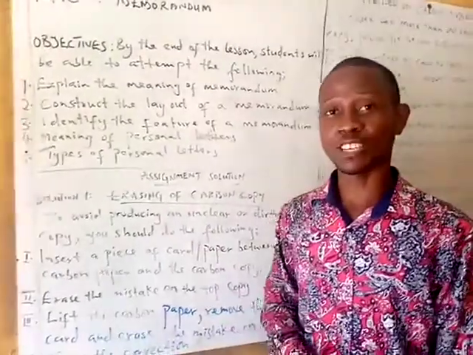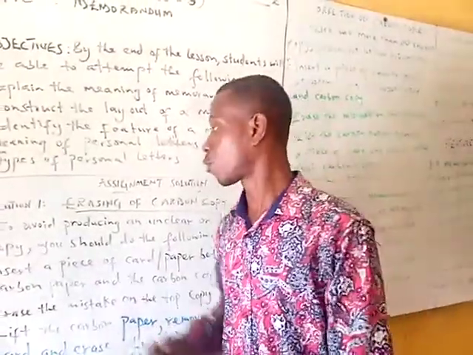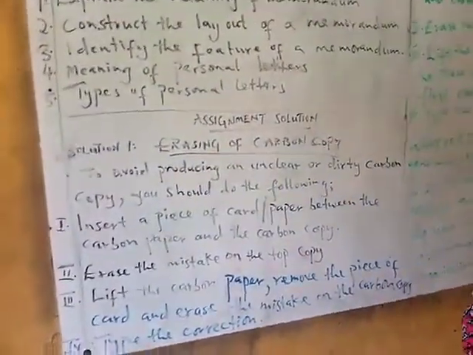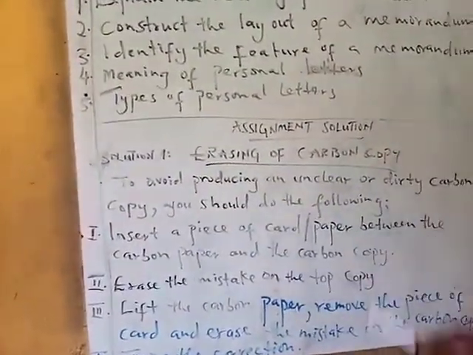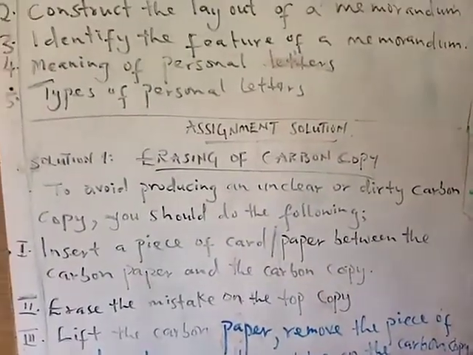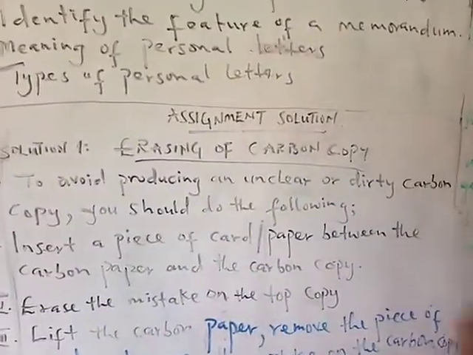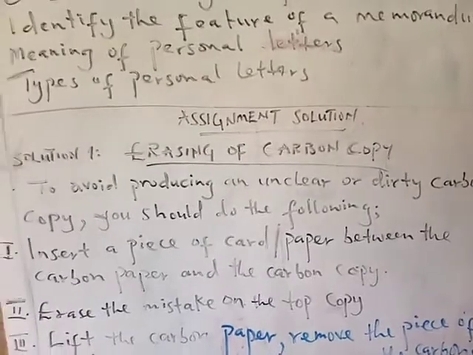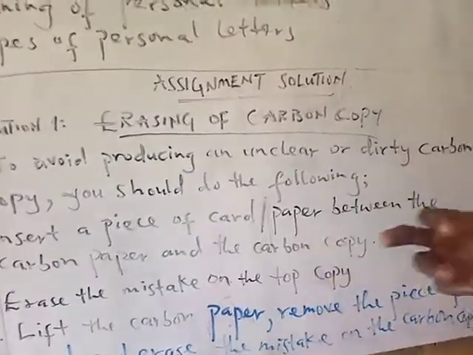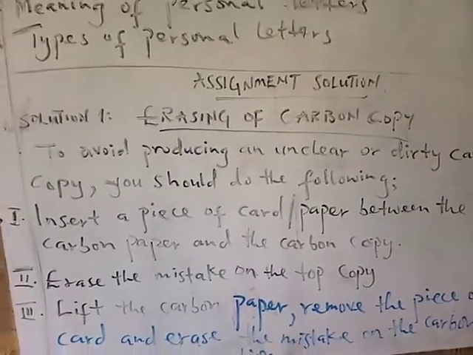So let's look at the correction or solution quickly. So we say erasing on a carbon copy. To avoid producing an unclear or dirty carbon copy, you should do the following. 1. Insert a piece of card or paper between the carbon copy and the carbon paper.